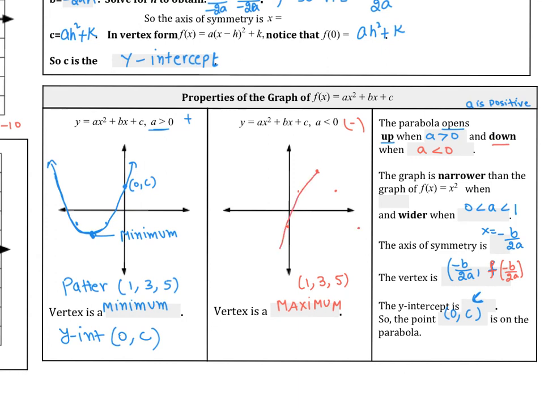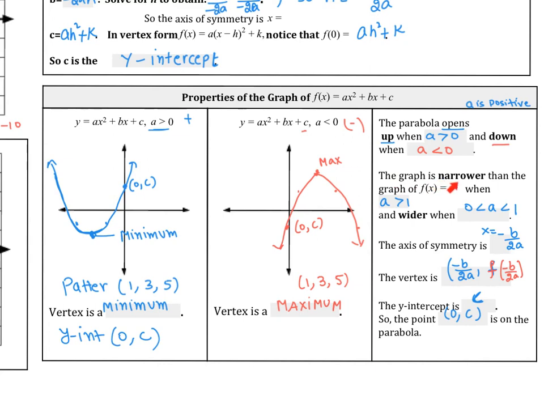The parabola is going to open down, and the vertex is going to be the maximum because it's all the way on the top of the parabola, and your y-intercept is always going to be (0, c) because that is where x is 0.